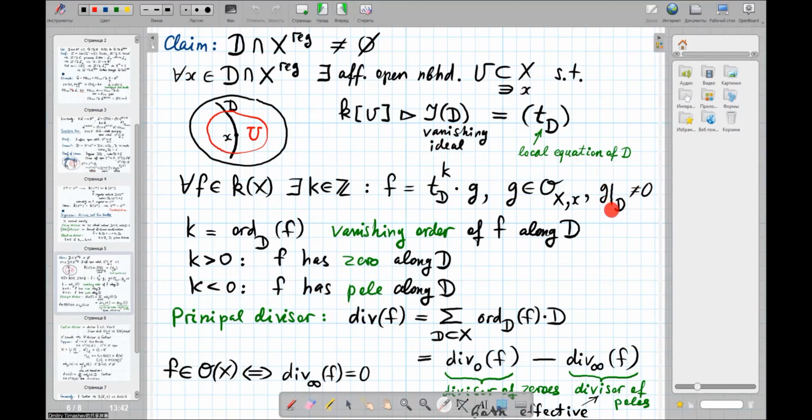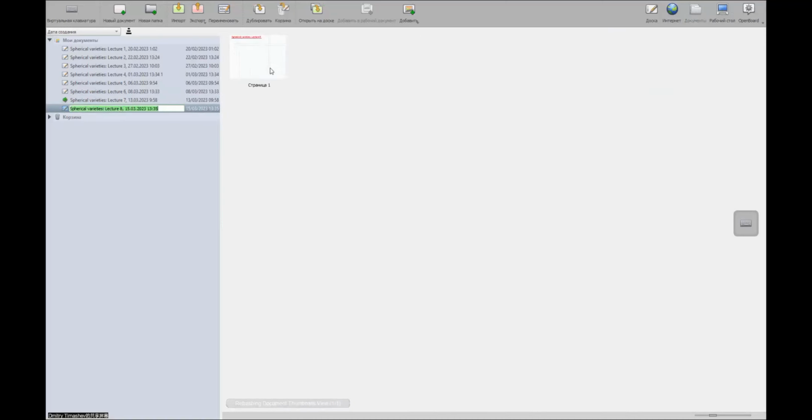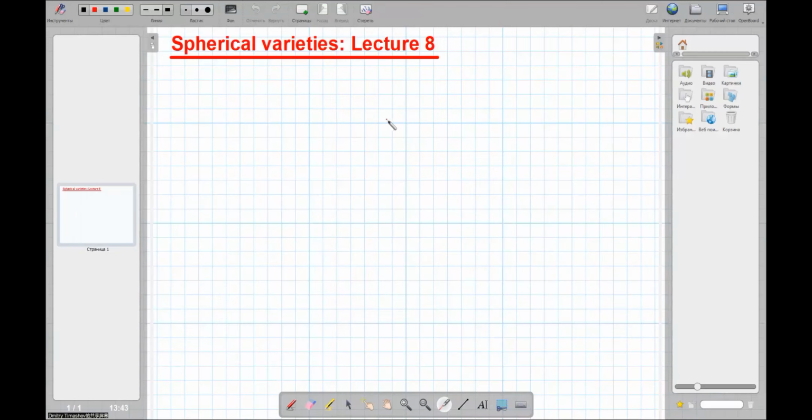So in the PDF notes, everything is written correctly, like here. Okay, so this was a correction for the previous lecture, and now let me turn to this lecture.